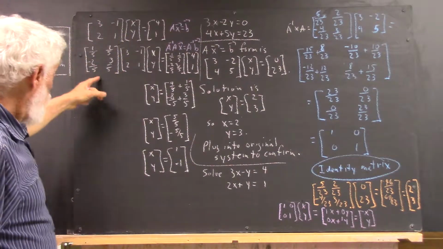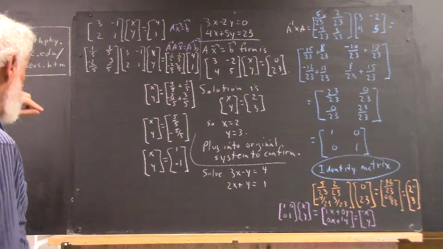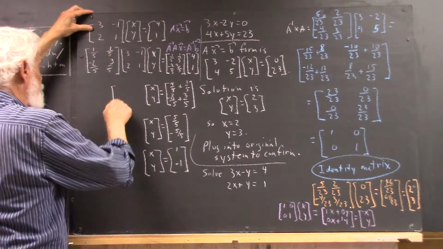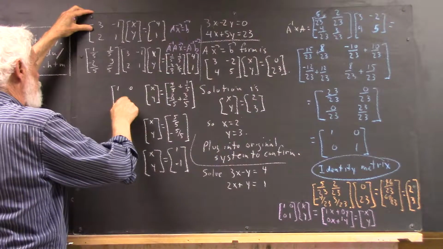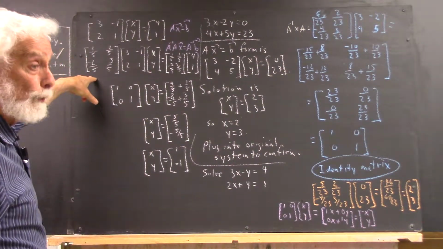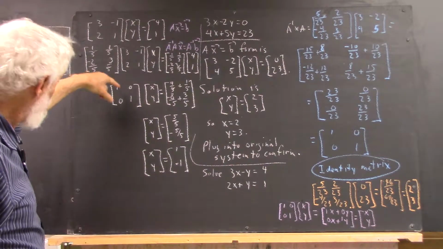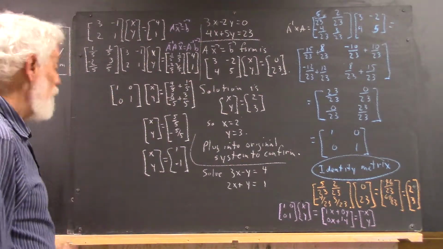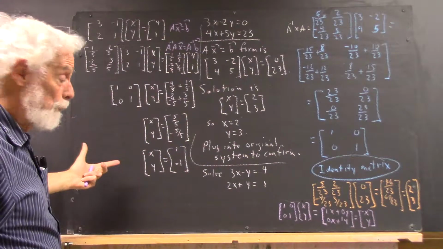Now, I never did this matrix multiplication because I know it's supposed to come out 1, 0, 0, 1. If I did my inverse matrix correctly, following the rule, it has to come out this. If it doesn't, I didn't follow the rule right.